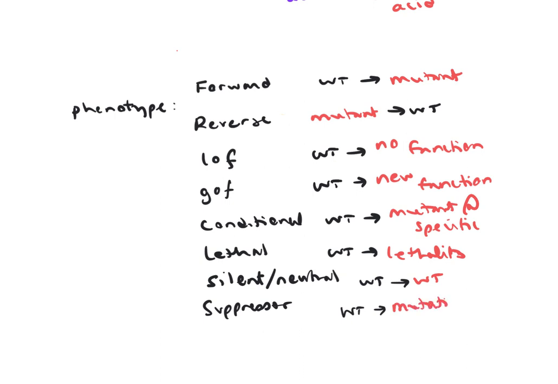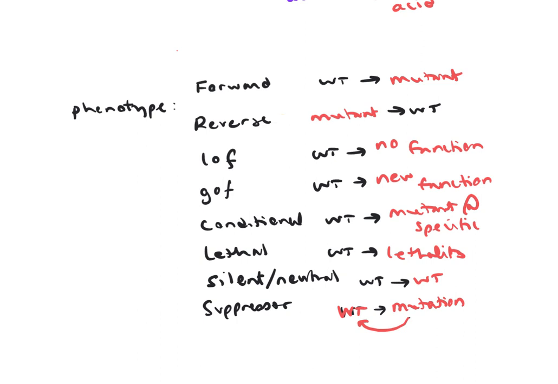And then finally, a suppressor mutation is where there has been a mutation that leads to some effect, whether it's loss of function, gain of function, conditional, lethal, whatever it is. That mutation exists and is affecting the phenotype. There is a mutation in an additional gene that leads it back to being wild type. So it's now a different kind of wild type. The key here is that the mutation happens in a different place.